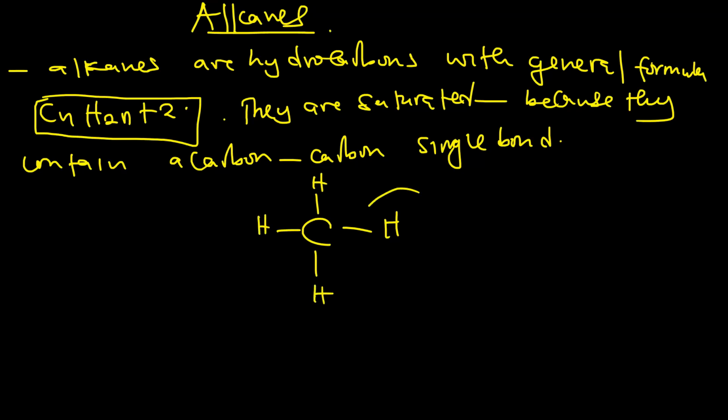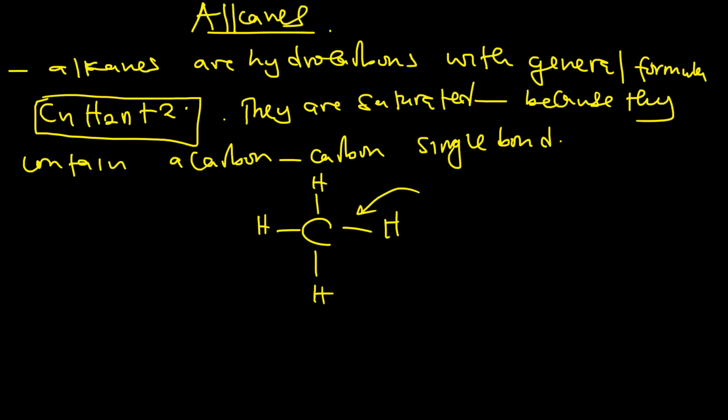So there's no room for chemical attack by other atoms, and hence we say they are saturated. In addition, they are non-reactive. They only undergo certain reactions at certain conditions.